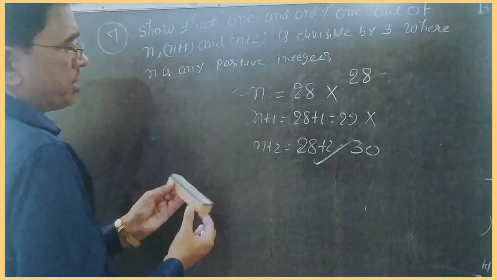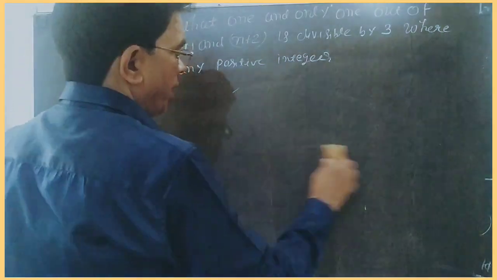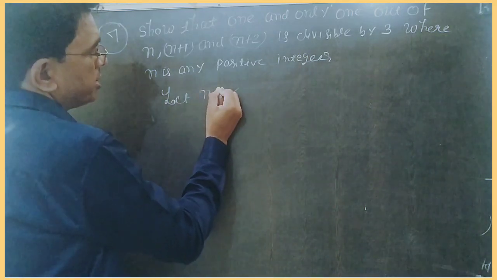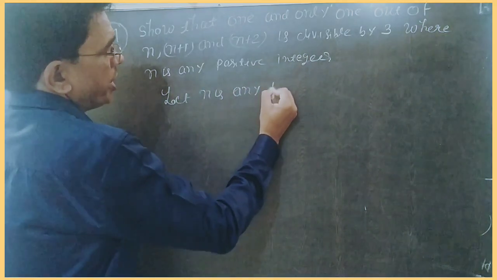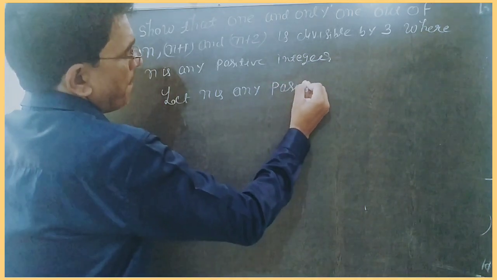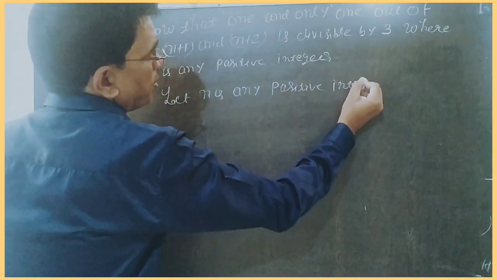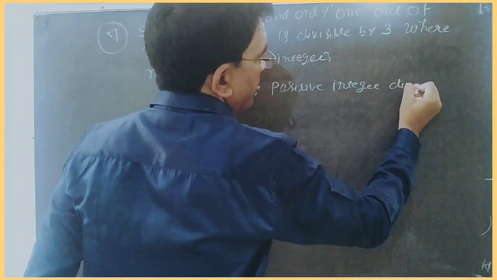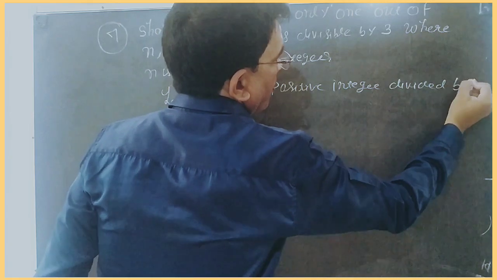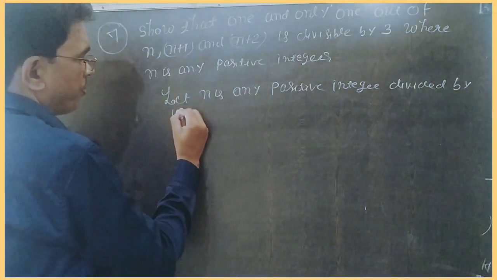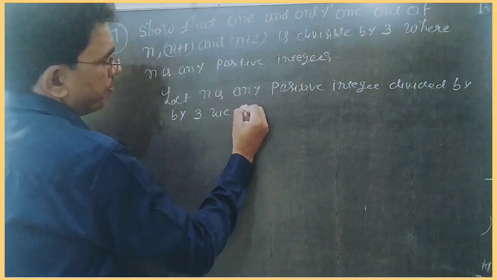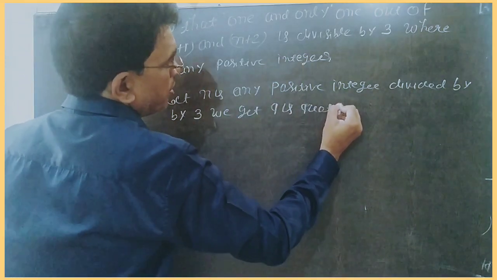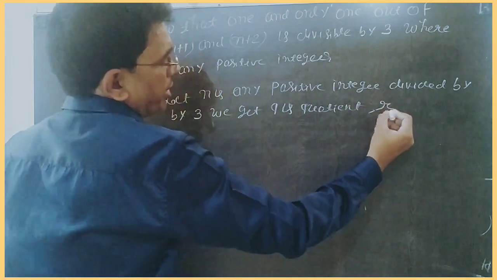How can you solve it? Let n be any positive integer. In the form divided by 3, we get q as quotient and r as remainder.